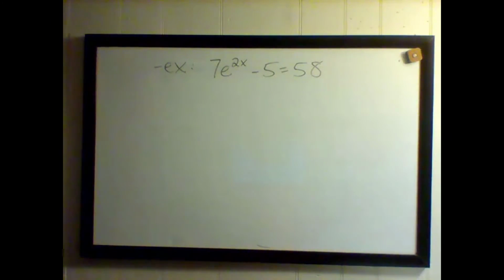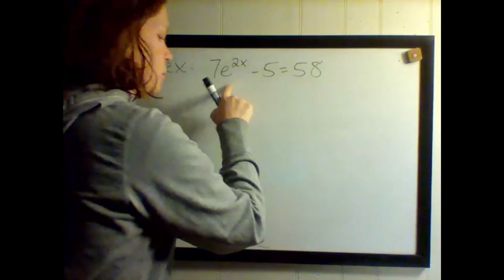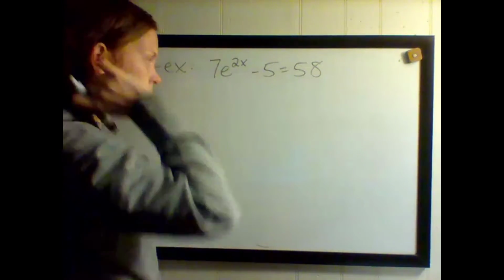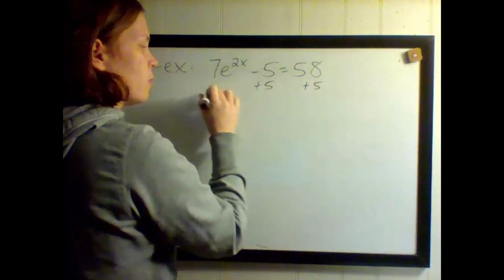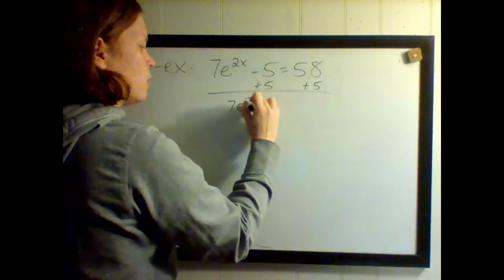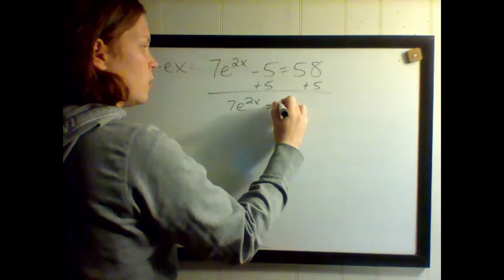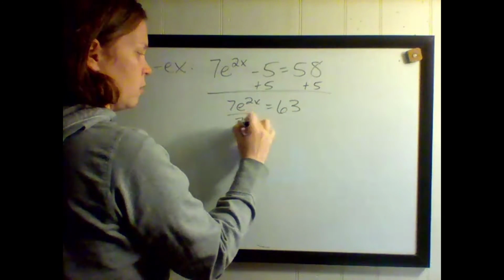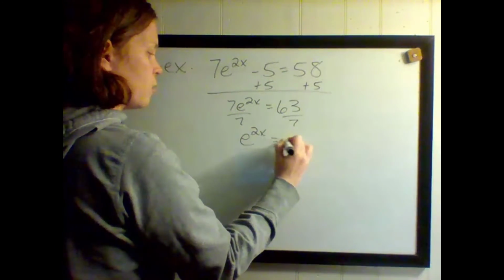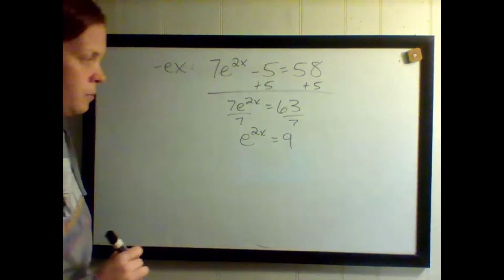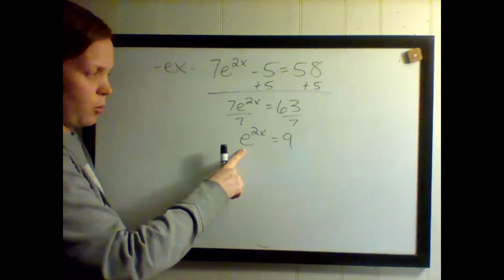My first step is isolating the exponential part, so I have a little bit of work to do. I'm going to add 5: 7e to the 2x equals 63. Not done yet. Divide by 7, so e to the 2x equals 9. Okay, so I got my exponent part alone.